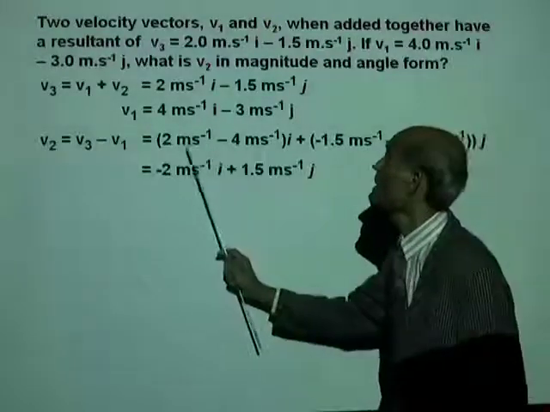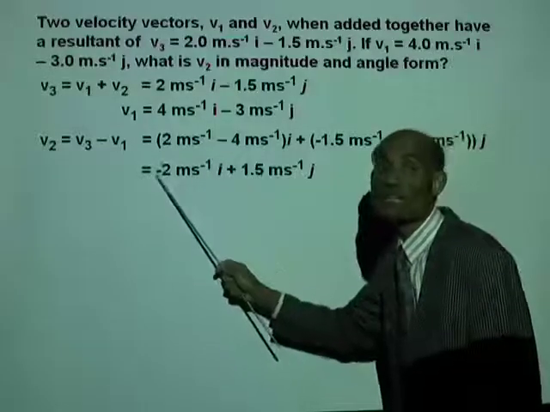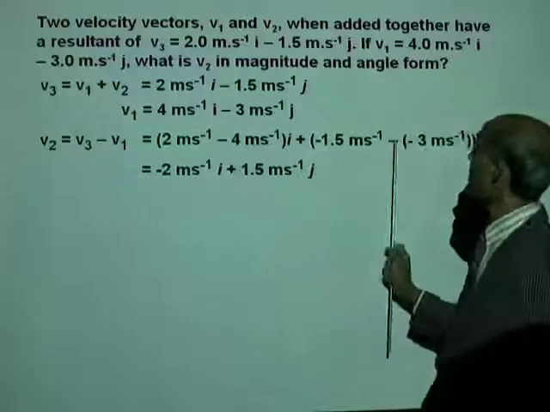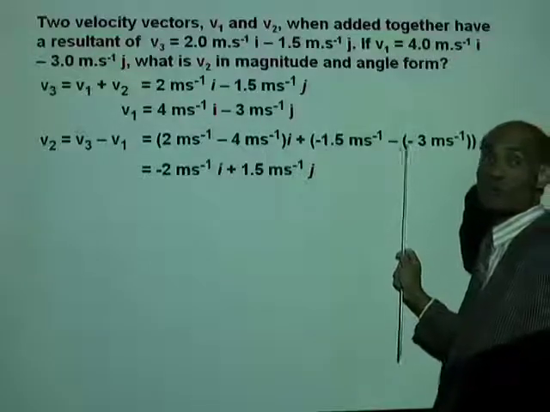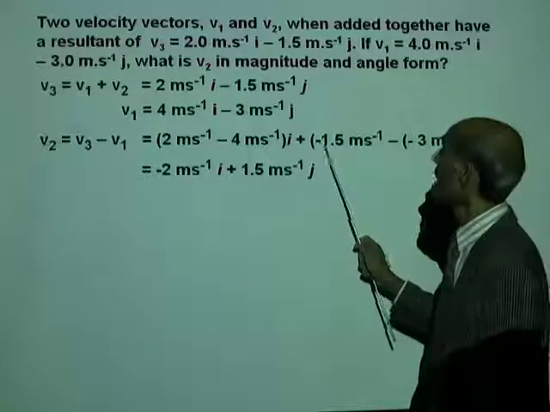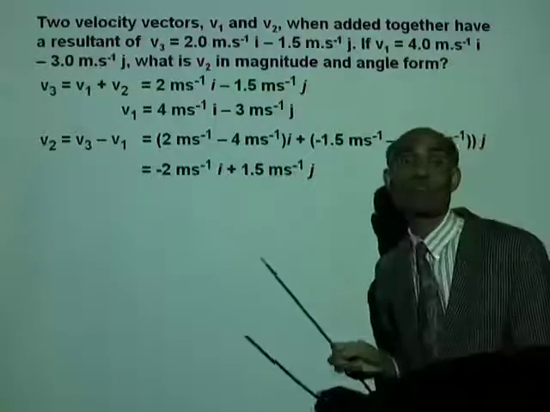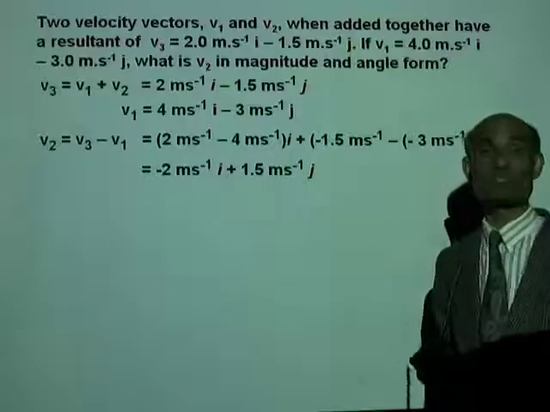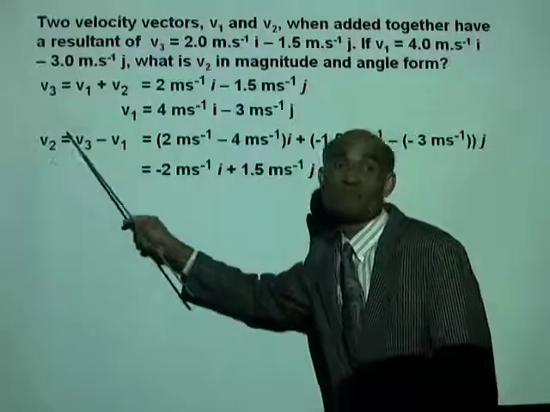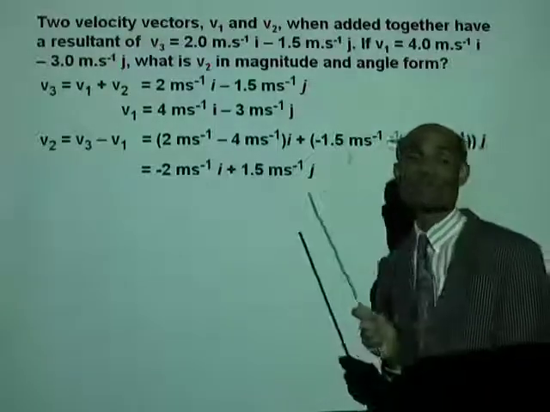Alright, that will be 2 meter per second minus 4 meter per second, which is negative 2 meter per second i, and this double negative will become positive. So this will be 3 meter per second minus 1.5 meter per second, that is positive 1.5 meter per second j. So we obtained the vector v2 in terms of its x and y components.